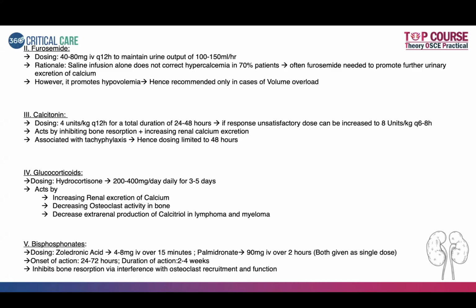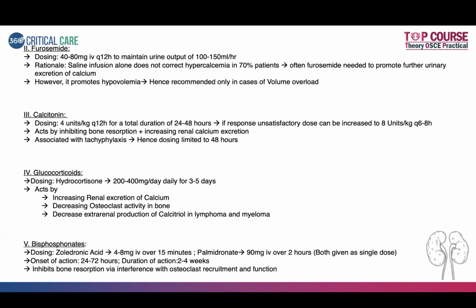The next drug class is bisphosphonates. We can either go with zoledronic acid or pamidronate. Zoledronic acid is given at a dose of 4 to 8 milligrams IV over 15 minutes, whereas pamidronate is 90 milligrams IV over 2 hours. Both drugs are given as a single dose alone.